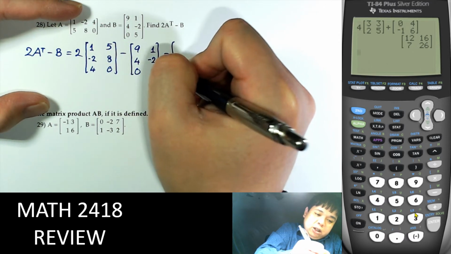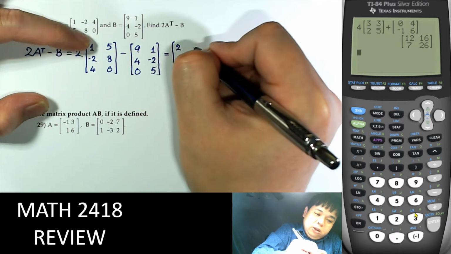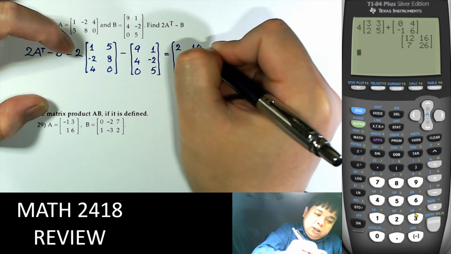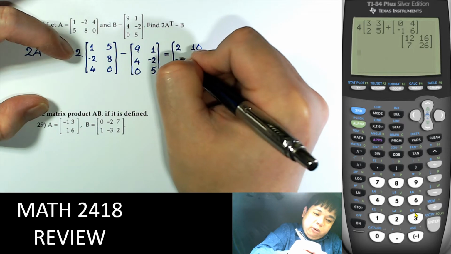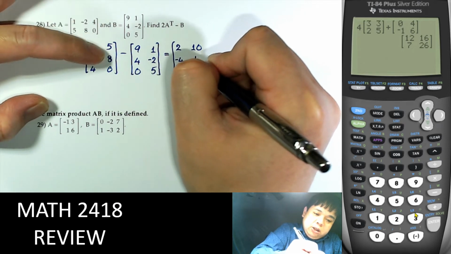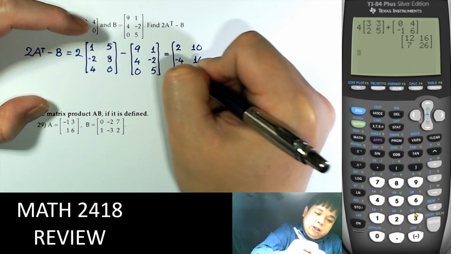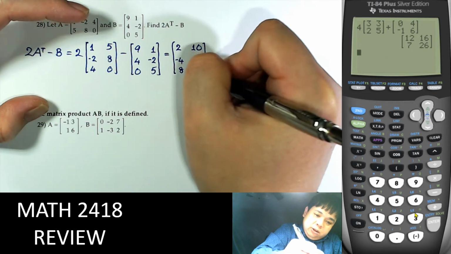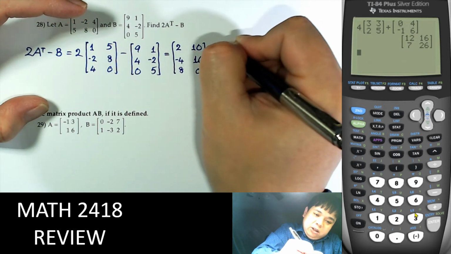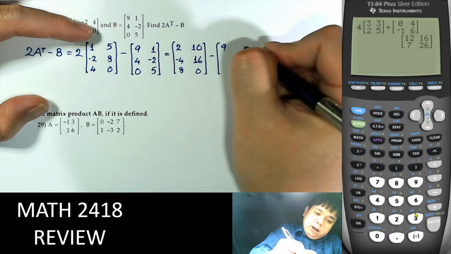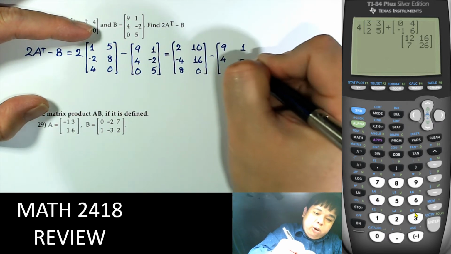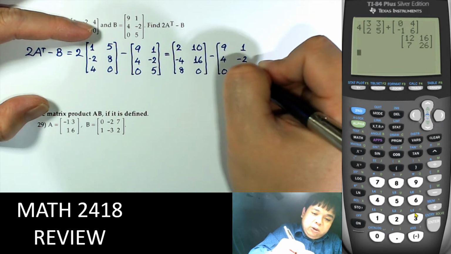So multiplied inside we get 2, 10, negative 4, 16, 8, and 0, minus 9, 1, 4, negative 2, 0, and 5.